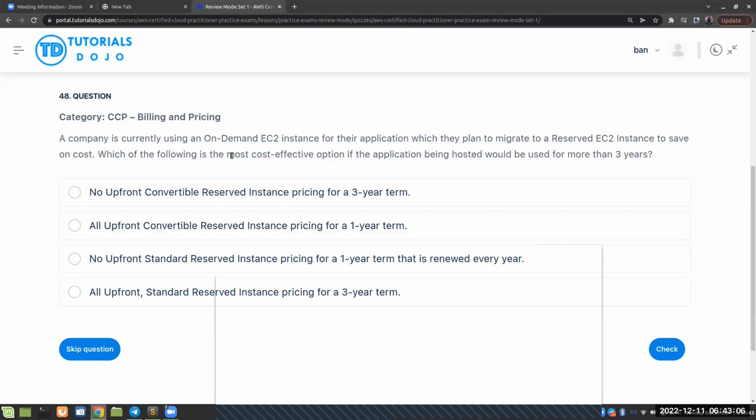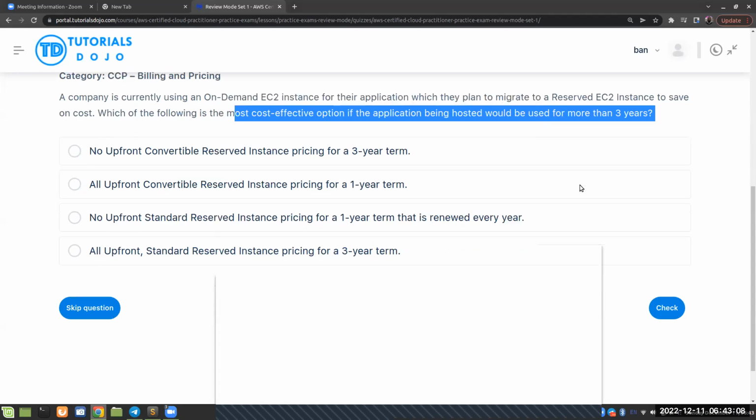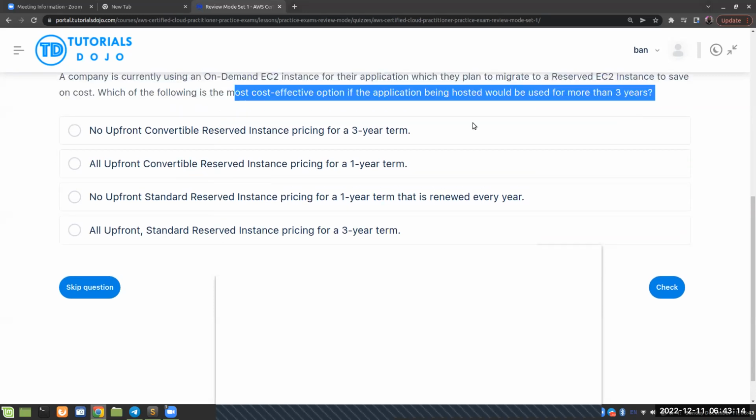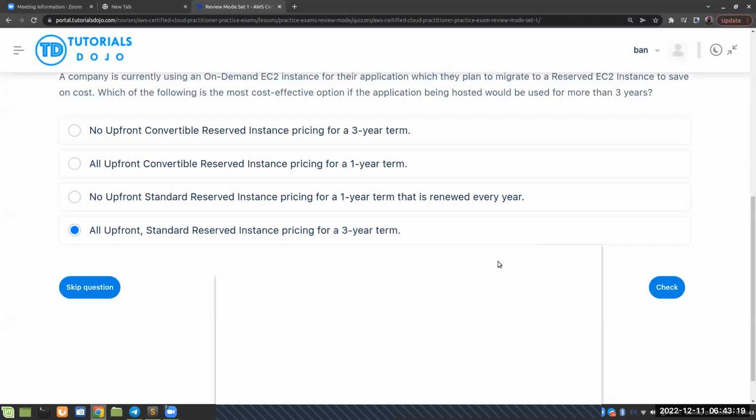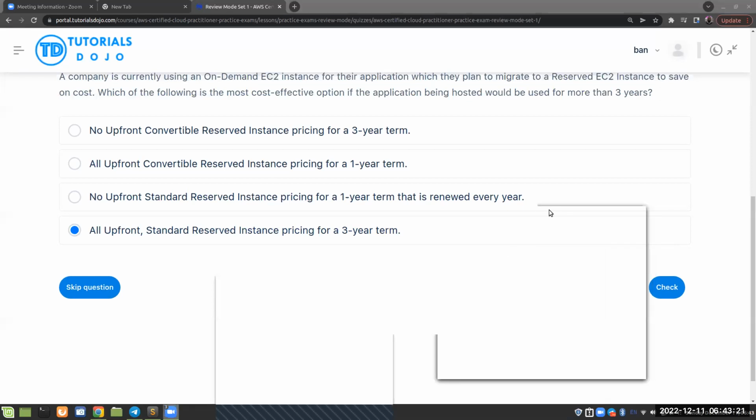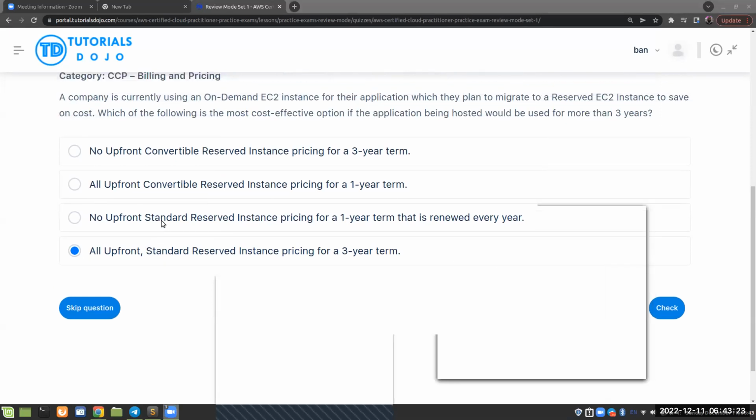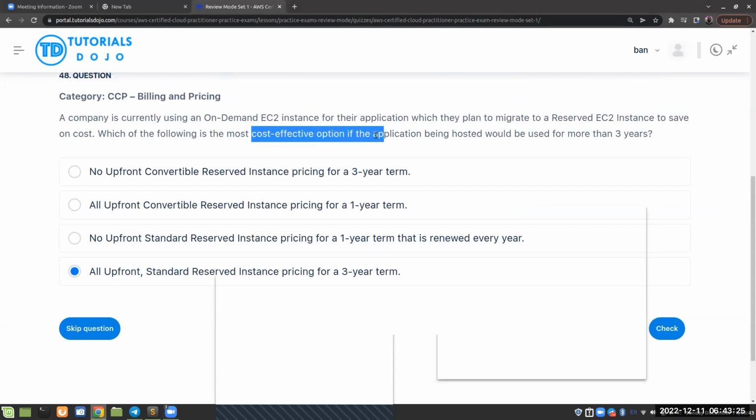So you're looking for most cost-effective if you will be using it for more than 3 years. Or upfront standard reserve. Okay, you said D, right? Yeah. Okay, I see that supported. So most cost-effective, hosted for more than 3 years. So standard reserve pricing for 3-year term.